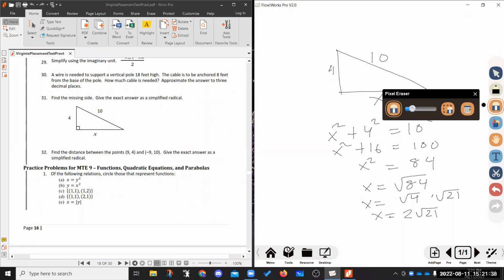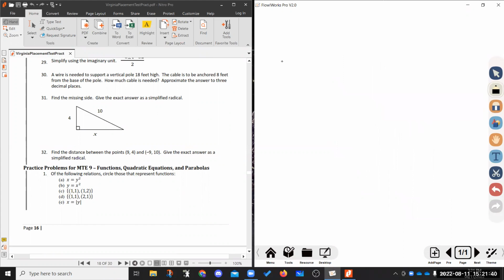Now the last question here asks us to find the distance between the points (9, 4) and (-9, 10). So (9, 4) is somewhere over here. (-9, 10) is somewhere over here. We want this distance here.